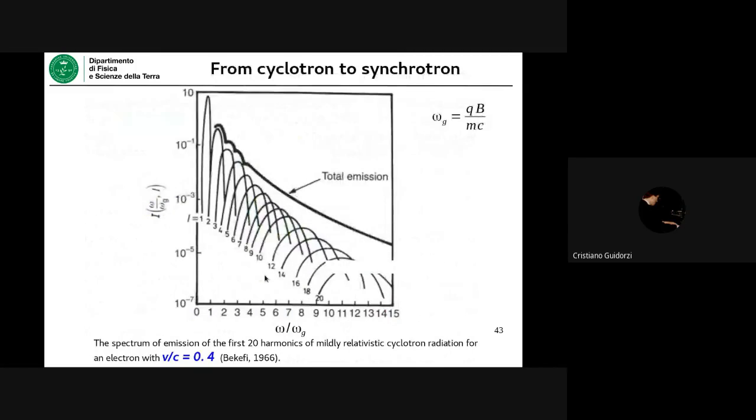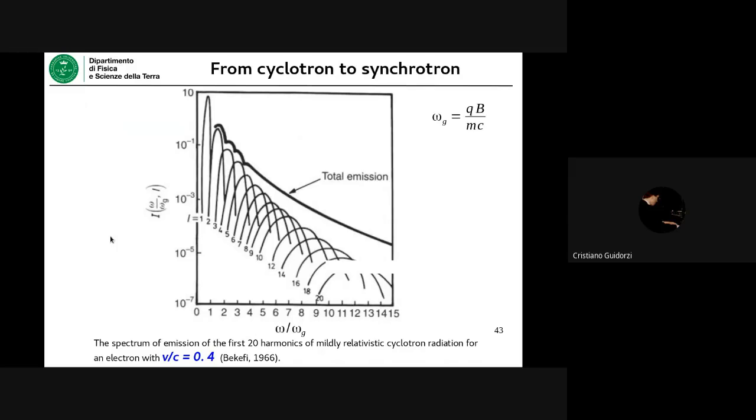So when you are in between the two extreme cases, when you consider, for example, the emission of a mildly relativistic electron, and in this case mildly means that beta, so v over c, is just 0.4, close to half the speed of light, you have a lot of harmonics coming into play.